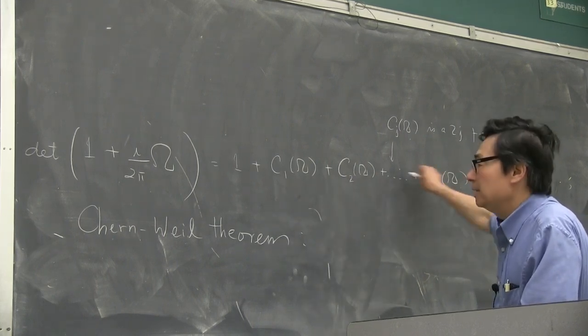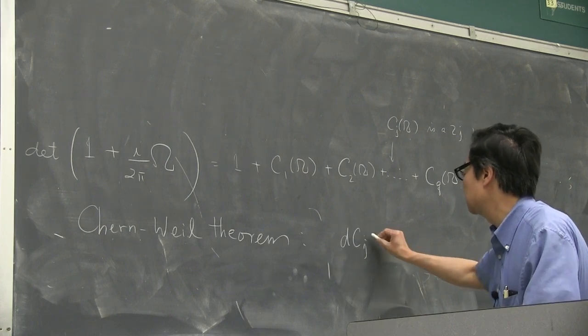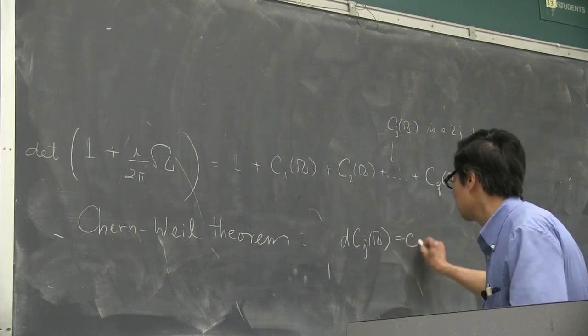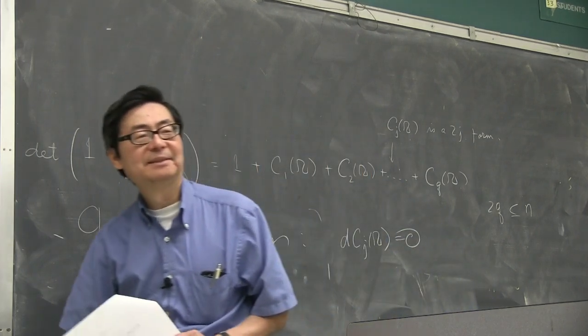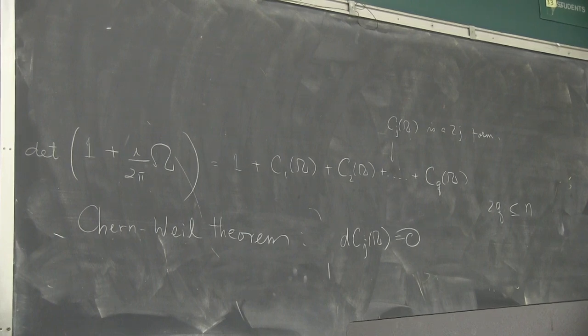It says that for all the j's in this expansion, the exterior derivative of this 2j form must be equal to 0. It just turns out to be that case. Okay. So that means the form is a closed form.